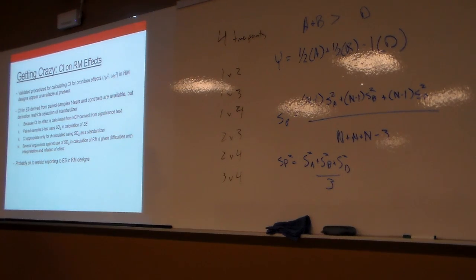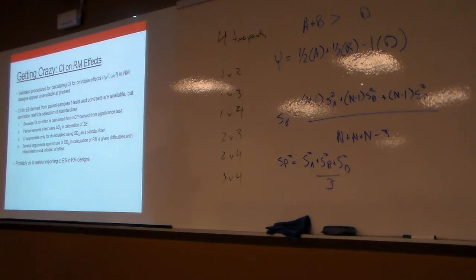For our paired sample tests and our contrasts, we could probably construct any type of confidence interval around any type of effect size, because we're getting that interval estimate, that upper and lower limit, from a test statistic that we're plugging into our Steiger calculator here, right? And then we get an upper and lower bound for a non-centrality parameter.